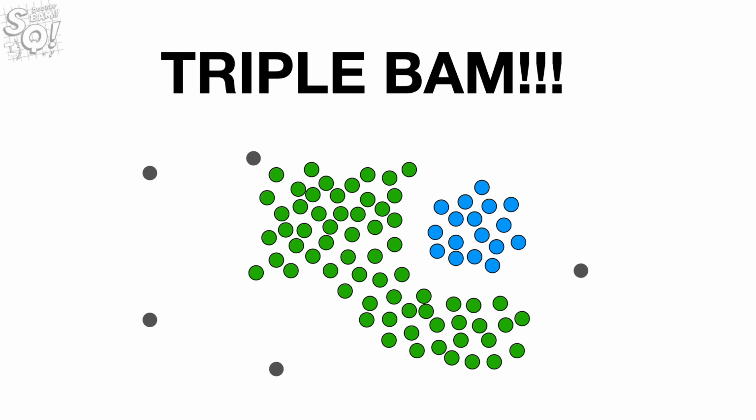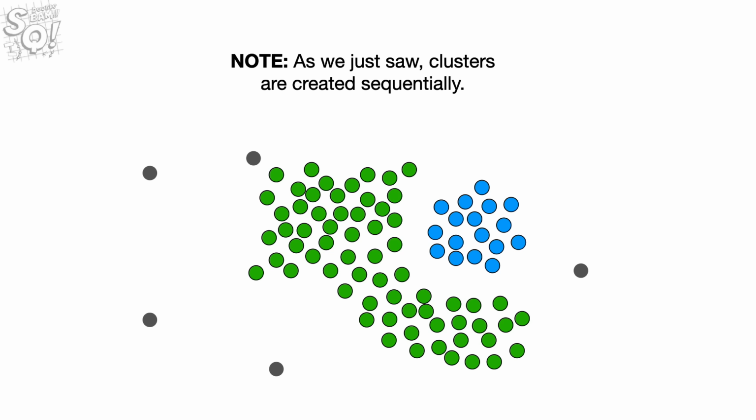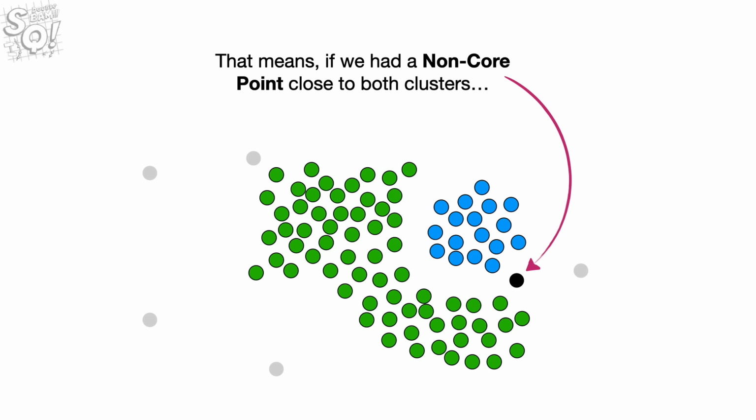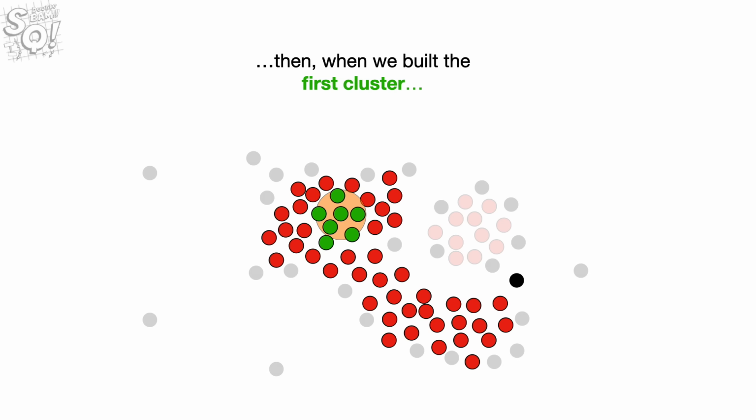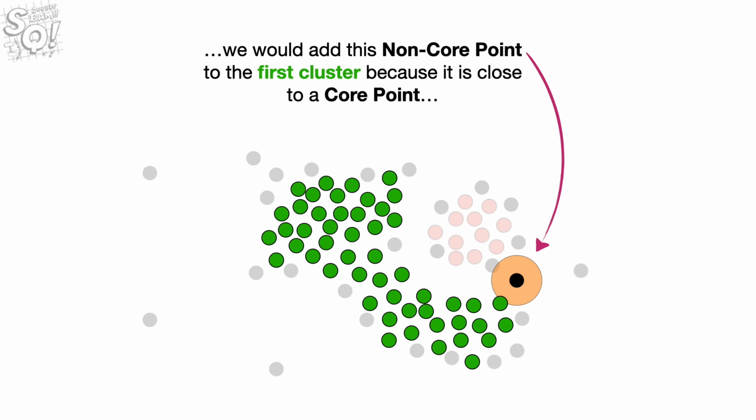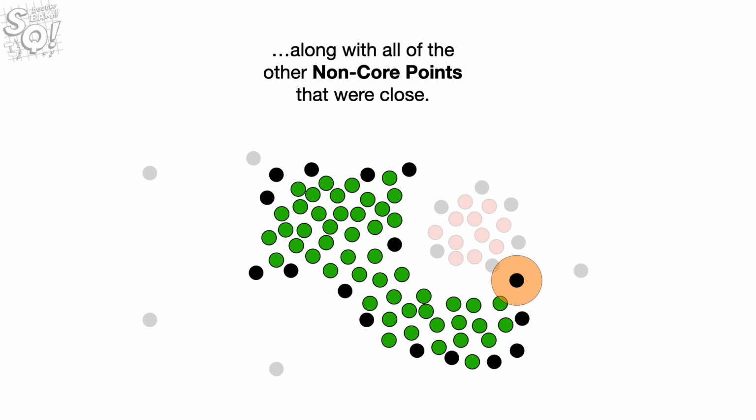Triple bam! Note, as we just saw, clusters are created sequentially. That means if we had a non-core point close to both clusters, then, when we built the first cluster, we would add this non-core point to the first cluster because it is close to a core point, along with all of the other non-core points that were close.